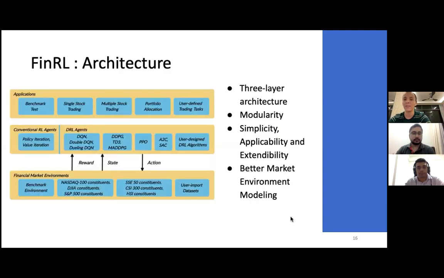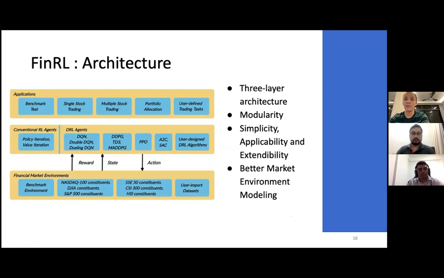Next slide, please. So this is the architecture of the library. It has 3 layers. It has the application layer, it has the agent layer, divided into 2 again: conventional RL agents we've seen in the lectures, and also deep reinforcement learning agents. And it also contains financial market environments.